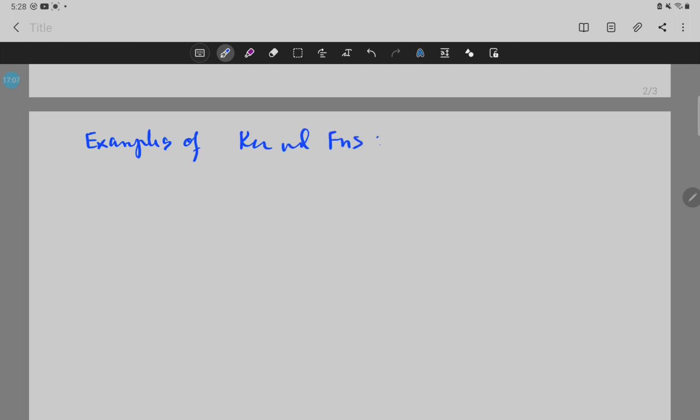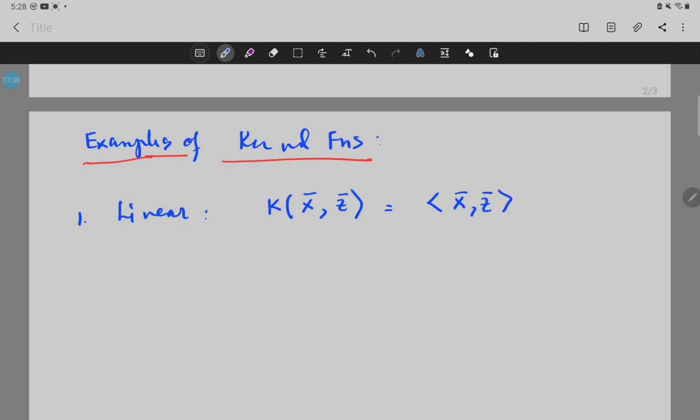The simplest possibility for the kernel function is the linear case. For the linear case that we have looked at before, the kernel function is just the inner product xz for any two data points. Or if you write it in terms of vectors, it's x transpose times z.